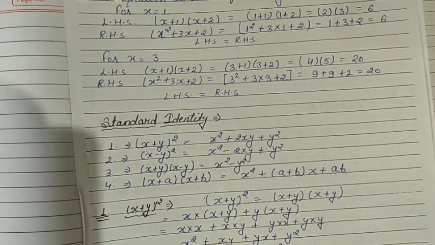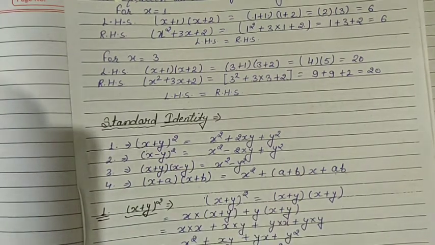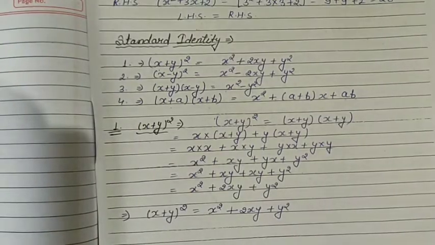In this class we will read these 4 identities, and now we will do the proof of these identities.